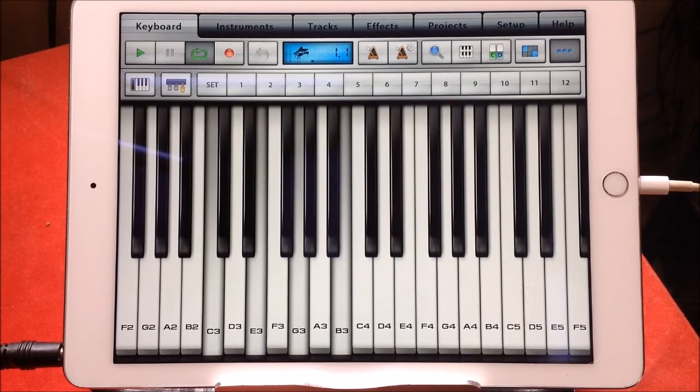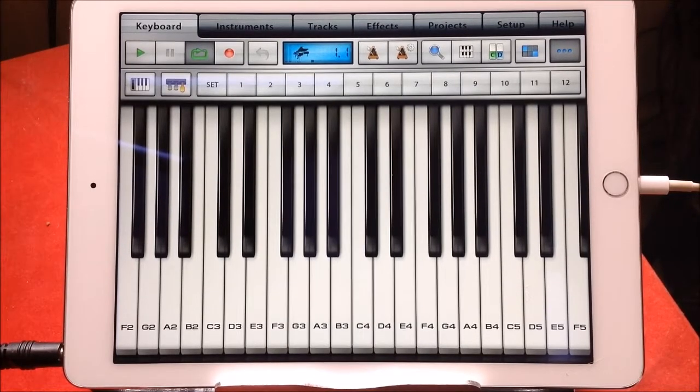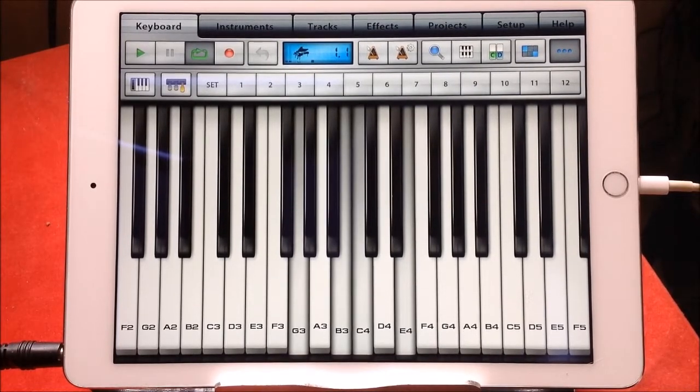So first inversion would be you take this C and you move it up an octave. Okay, that's your first. And then you take your E and move that up an octave. There would be your second.